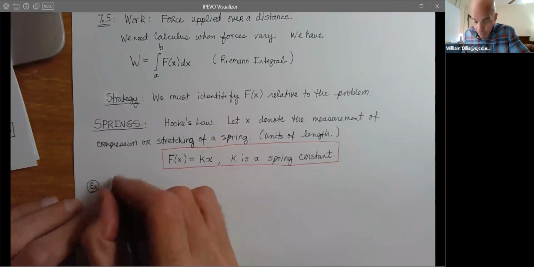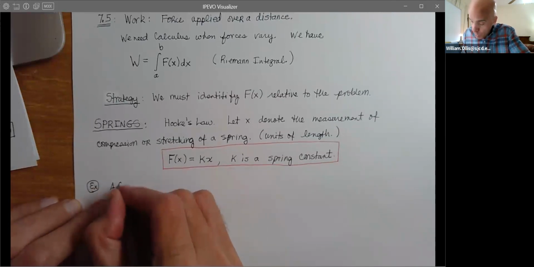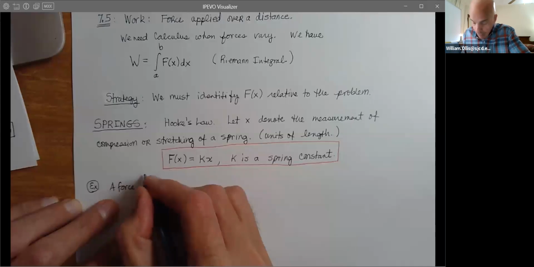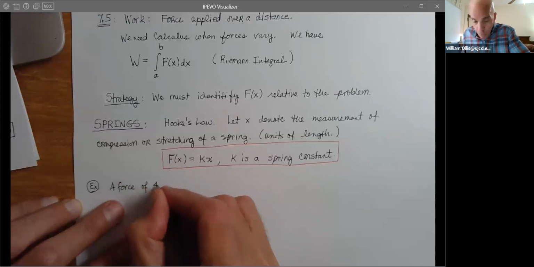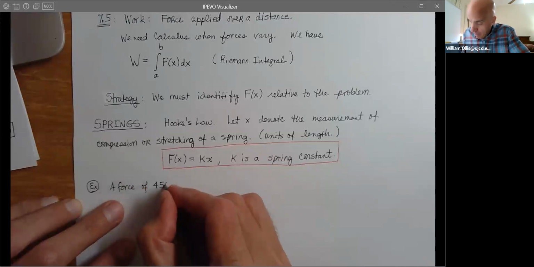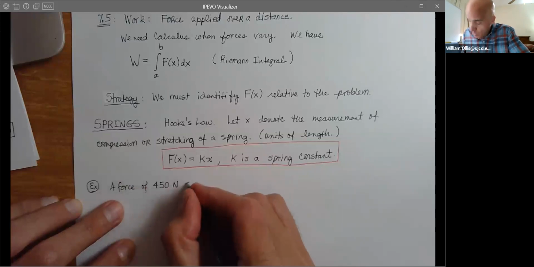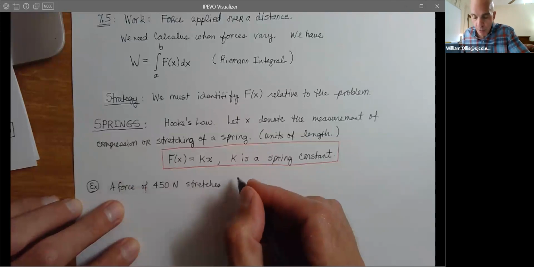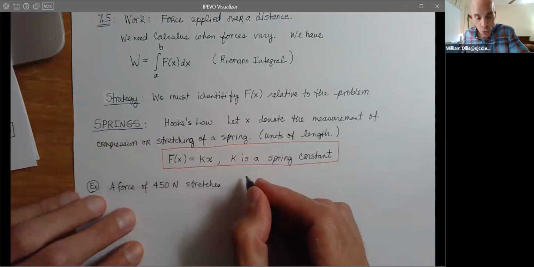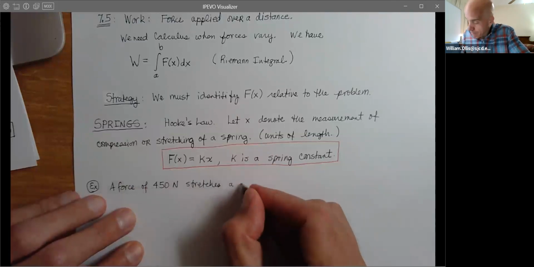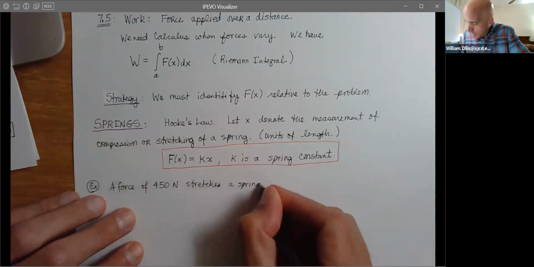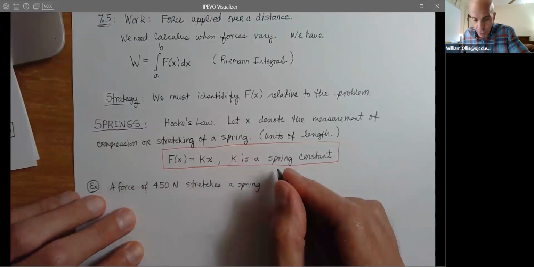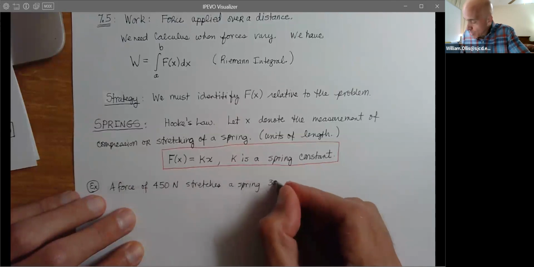So here's an example. A force of 450 newtons stretches, so we'll have to do Newton centimeters here, a spring 30 centimeters. I don't know why WebAssign decided to mix up the units a little.